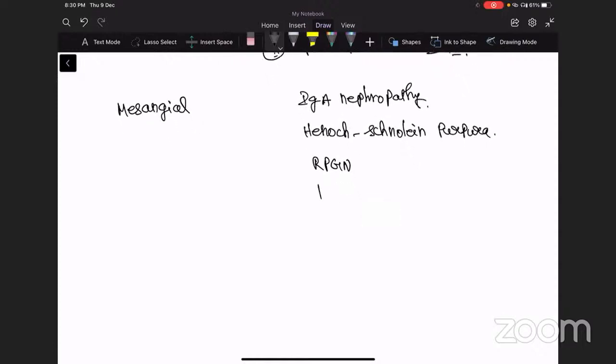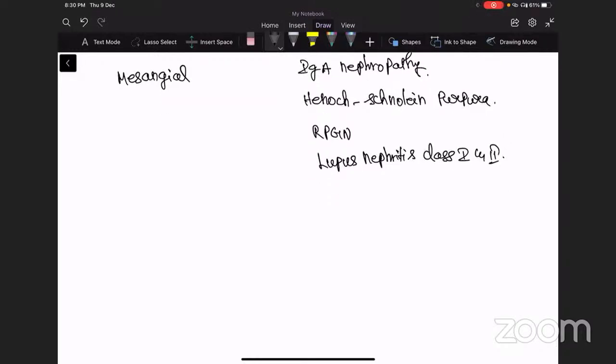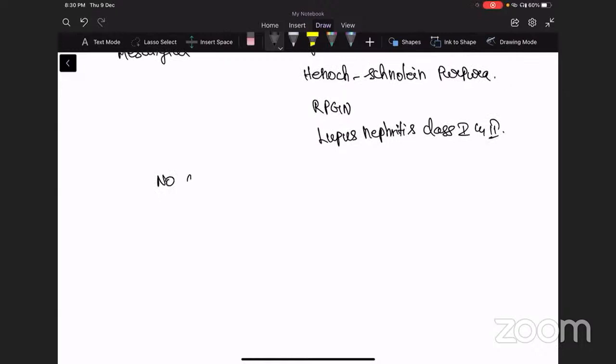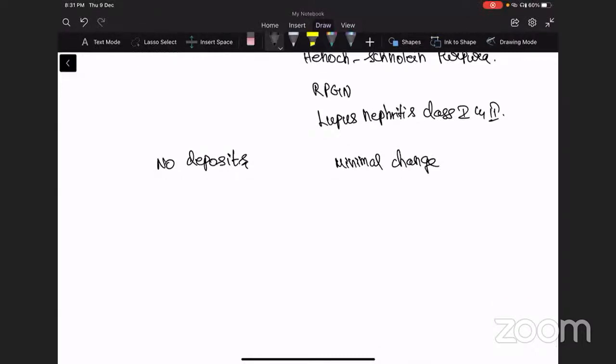Lupus nephritis class 1 and 2 show mesangial deposits, and there are no deposits in minimal change disease, in FSGS, and in Alport syndrome.